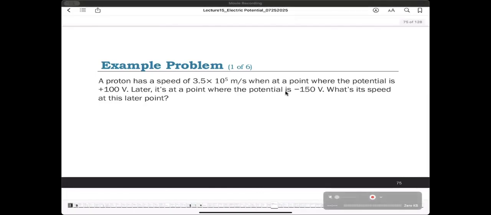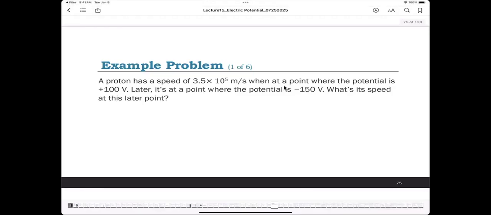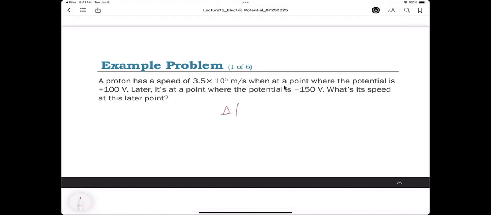Actually, this one is not difficult. You just use delta K equals negative q delta V. You can see here a proton, which means the q is e, right? And you can know the delta V from here, and they ask you what the speed is at the later point.